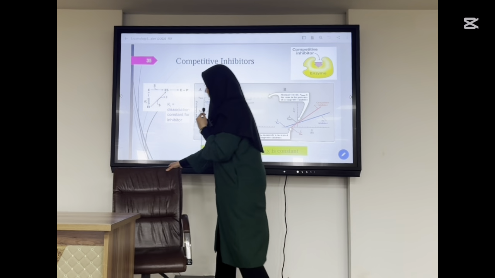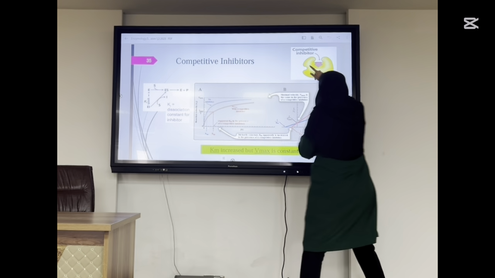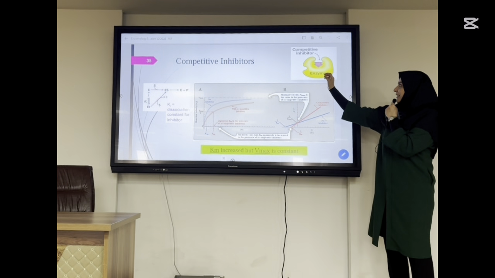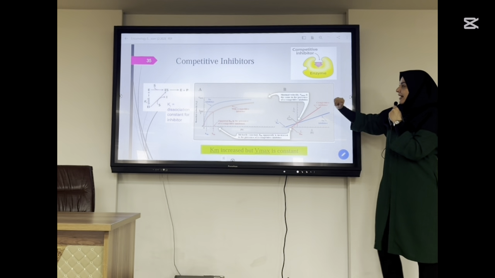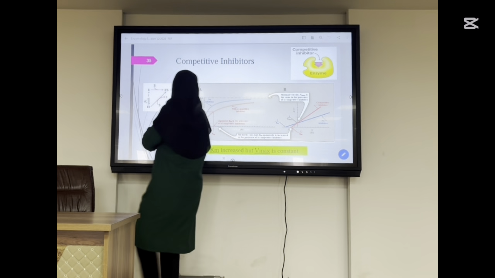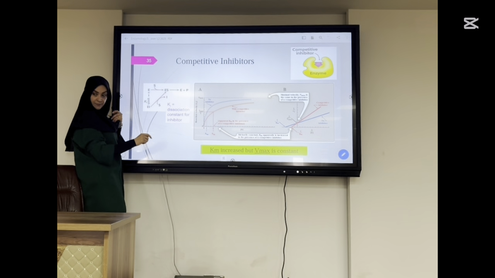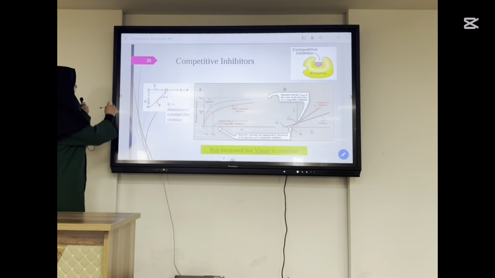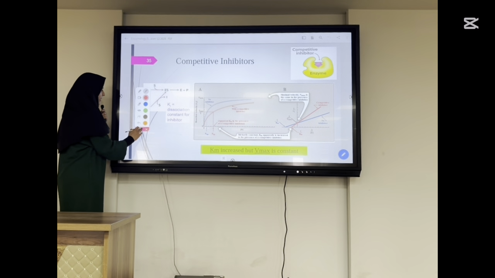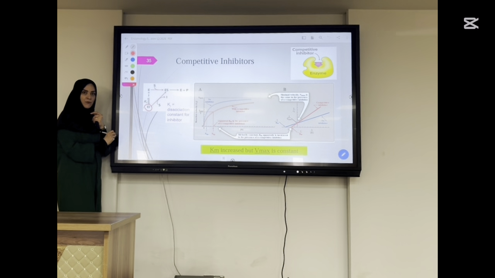At first, as I mentioned here, the inhibitor can bind exactly to the site of the substrate. And following the binding of inhibitor, instead of the ES complex, the EI complex is formed.